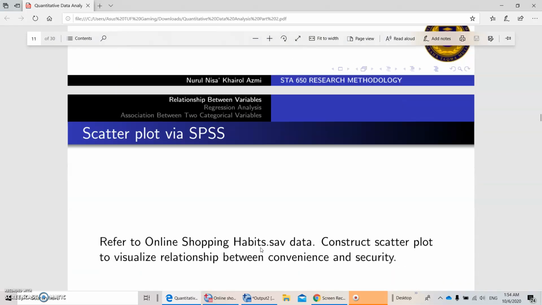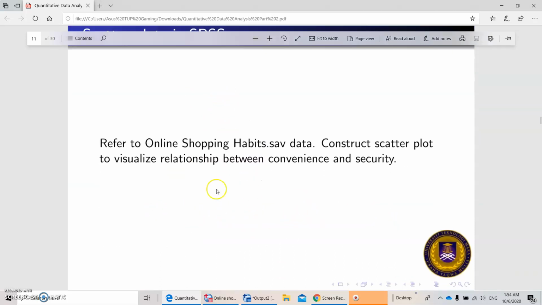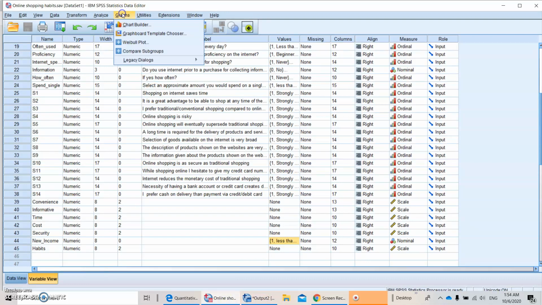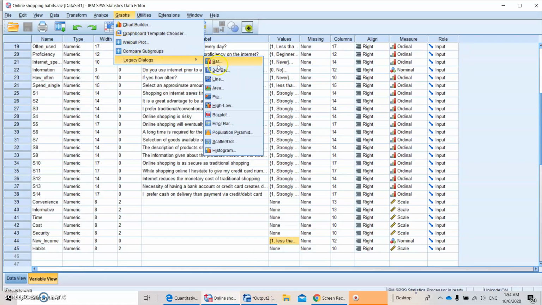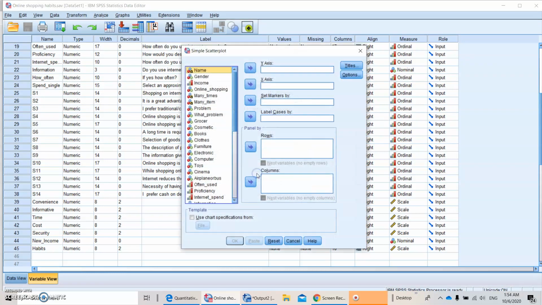Okay, so to plot the scatter plot via SPSS, I will choose the variables convenience and security. I just go to Graph, Legacy Dialogs, and then choose Scatter/Dot. Choose a simple scatter plot.